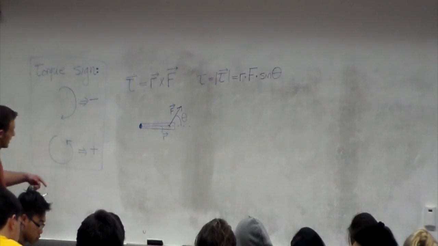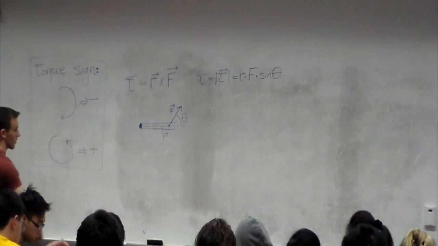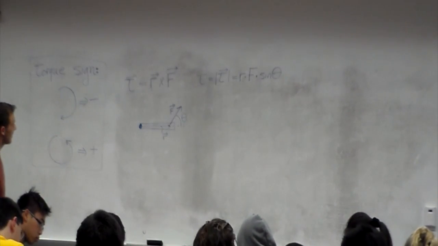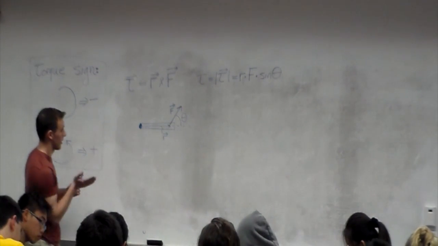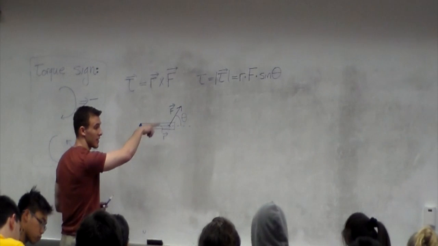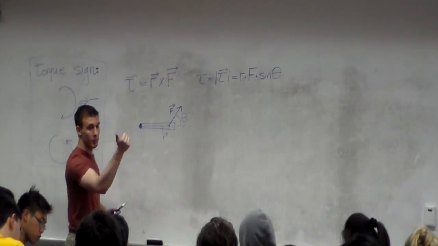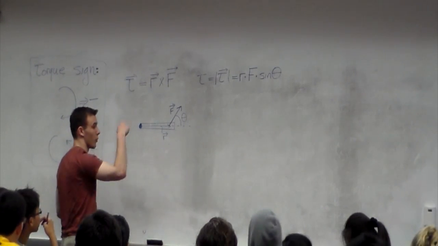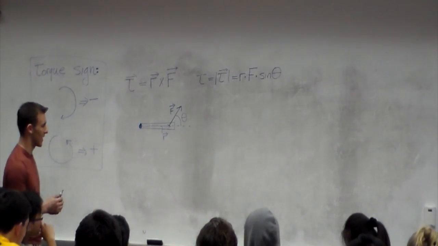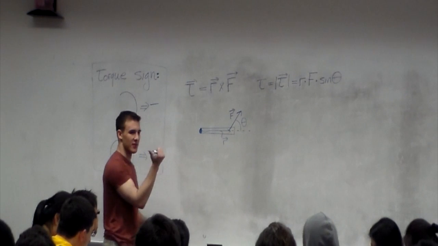A positive torque is trying to make the thing rotate counterclockwise, while a negative torque is trying to make the thing rotate clockwise. In real life, though, a torque that makes the system want to rotate this way is a torque that's pointing out of the board, and a torque that makes the system want to rotate this way is pointing into the board. So really what we're doing is defining positive as this way and negative as this way.